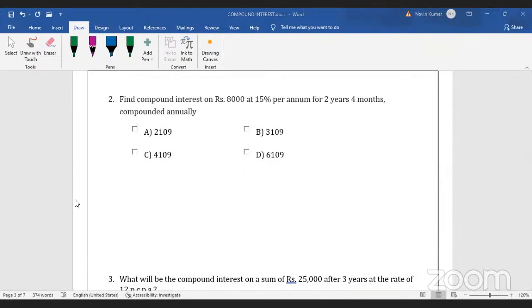In this question, first you find compound interest for 2 years, and then for the next 4 months we are going to find simple interest. First step, find compound interest for 2 years.